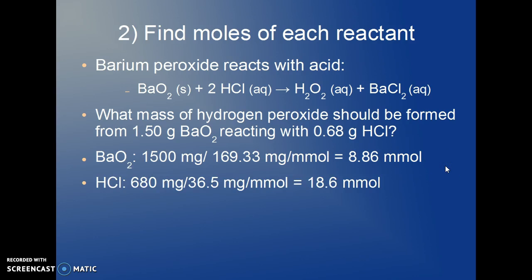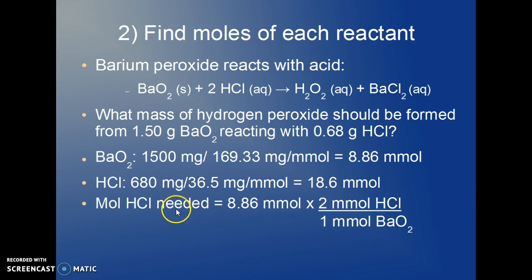Then we solve for the HCl. We have 680 milligrams divided by the 36.5 molar mass, gives us 18.6 millimoles. Now, how much hydrochloric acid do we need for this amount of barium peroxide? Well, we take the 8.86 millimoles of barium peroxide and we multiply it by the ratio from the balanced equation. 2 millimoles of hydrochloric acid would be needed for 1 millimole of barium peroxide.